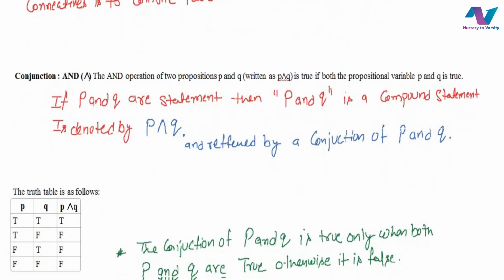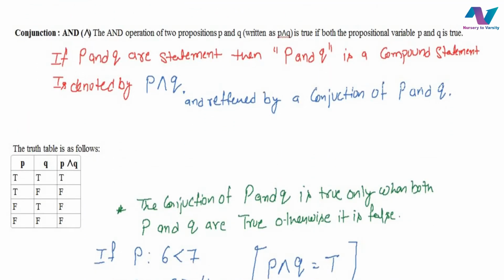Our second truth table is conjunction, or AND. If P and Q are statements, then P and Q is a compound statement, and we denote this with the conjunction symbol between P and Q, and we refer to it as the conjunction of P and Q. From the truth table we can conclude that the conjunction of P and Q is true only when both P and Q are true, otherwise false.